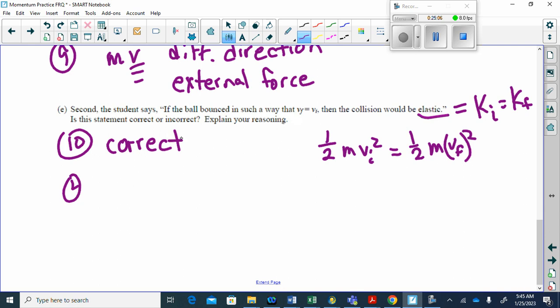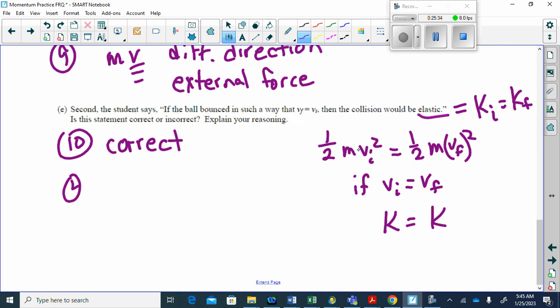Okay, why? You could actually just calculate it and show that if the initial equals the final, the kinetic energies are equal. So you're going to say this in words. If it has the same speed, the kinetic energy must not be lost.